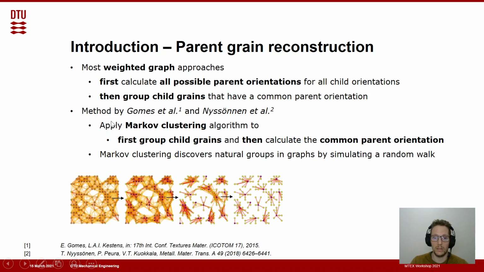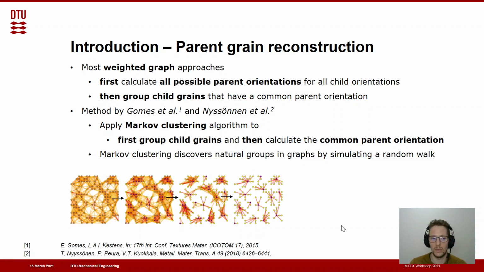And there is a method that has first been proposed by Gomez and also by Nyyssönen, which applies Markov clustering as a clustering algorithm. And here we first group all the child grains based on their fit to an orientation relationship and then calculate the common parent orientations. And this Markov clustering discovers natural groups in graphs by simulating a random walk. And we are later going to see this a little bit in action to understand better what it's actually doing.